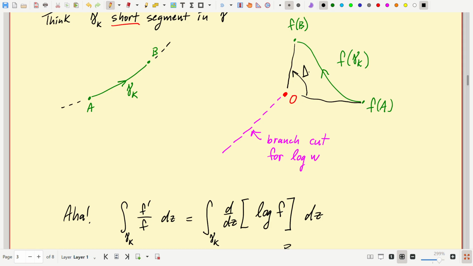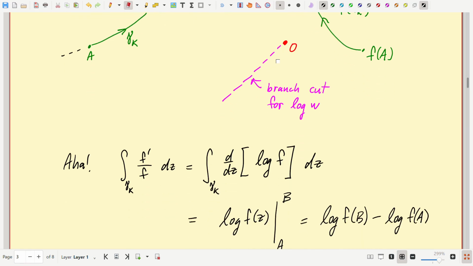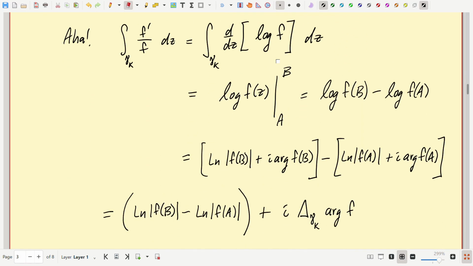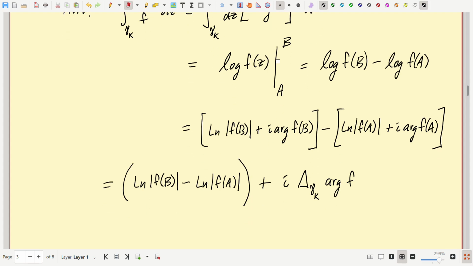That increase in the argument would be well defined, at least in this very small picture, if that's a small segment. Questions about that? Okay, so I should emphasize this thing does not depend on the branch.